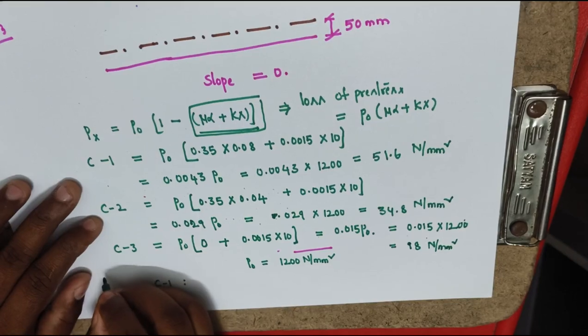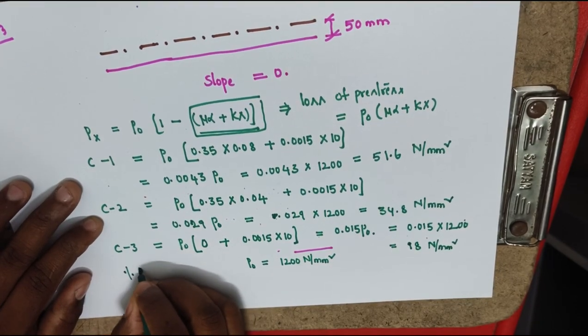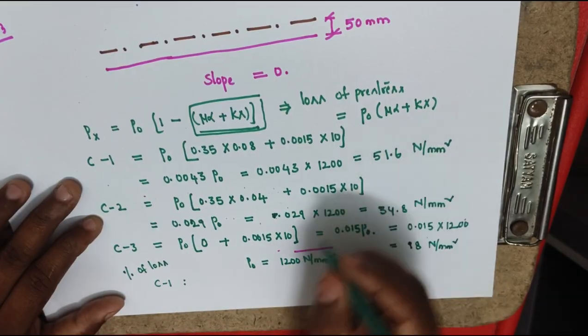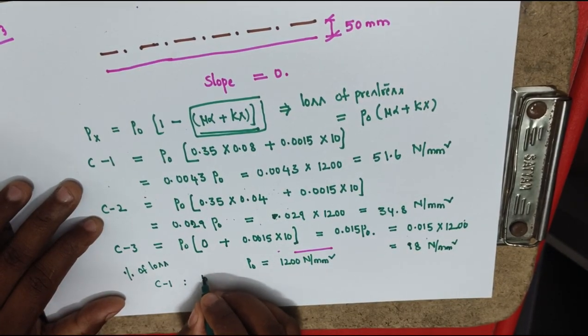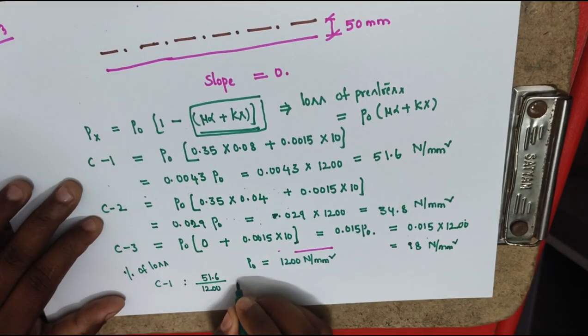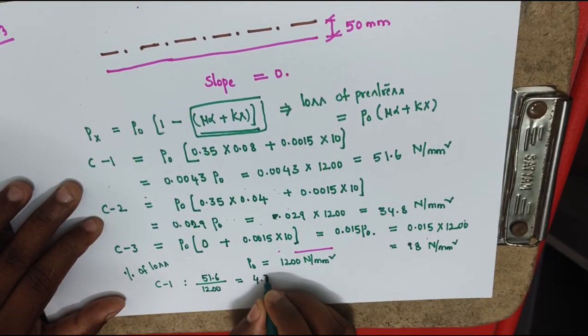If you want to determine the percentage of loss, in cable 1 it is 51.6 out of 1200, that is 4.3%.